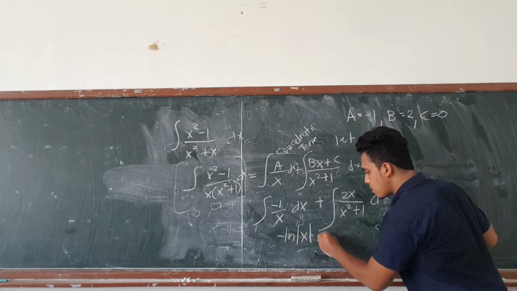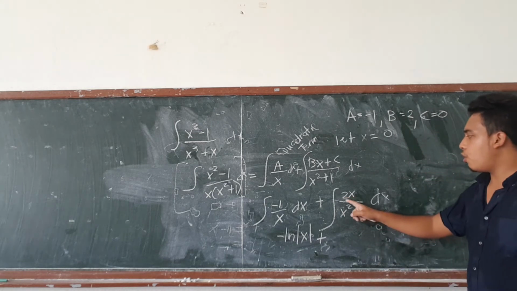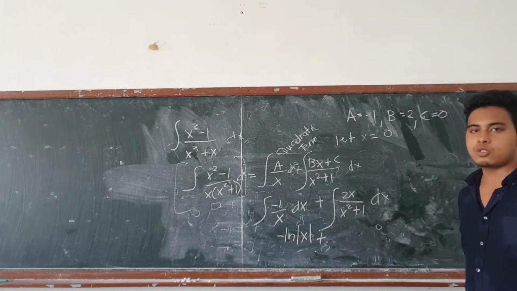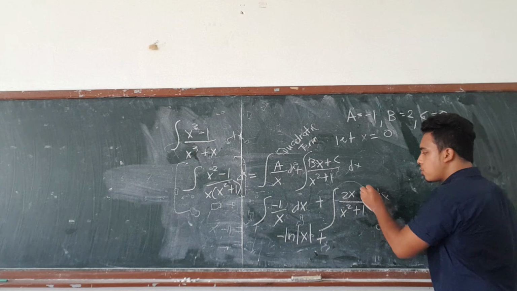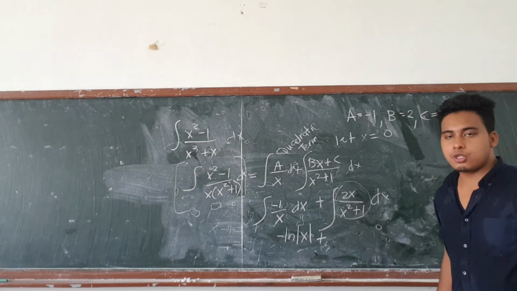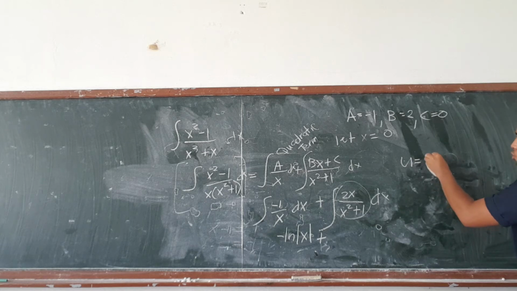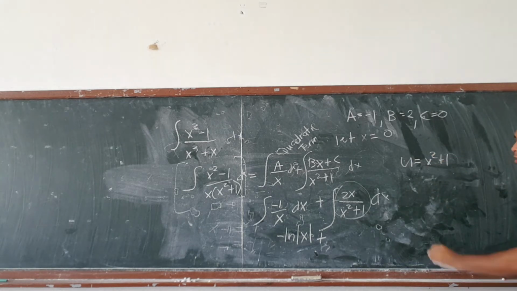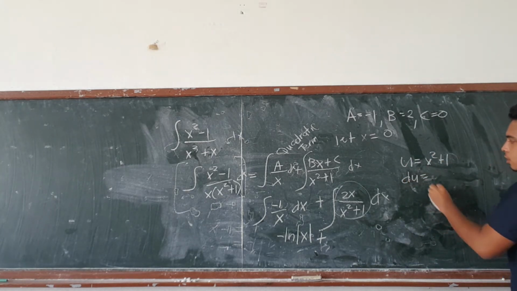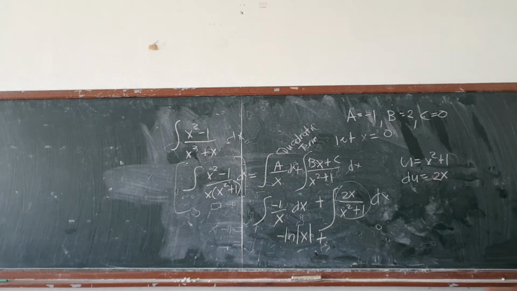Tama ba? Plus then the integration of 2x over x squared plus 1. So in this process, we can use u substitution. So we let u be equal to x squared plus 1 and the derivative of u is equal to 2x. Why?